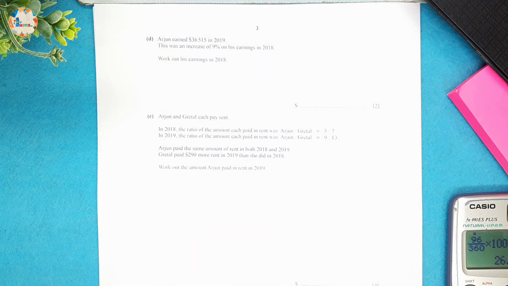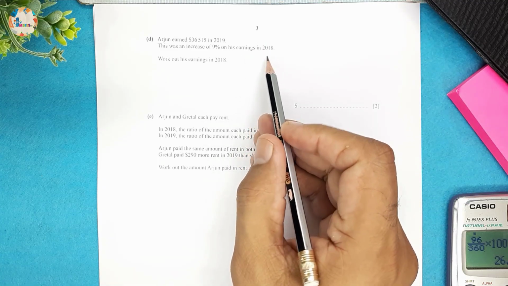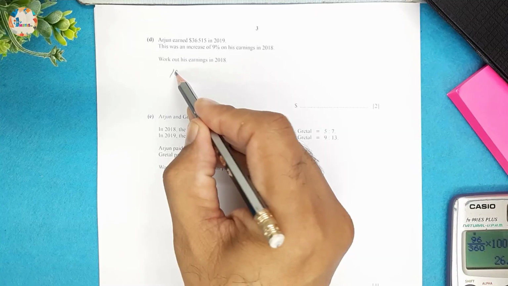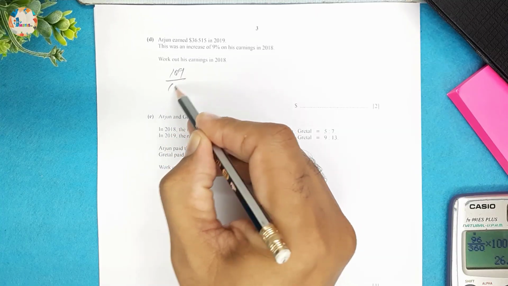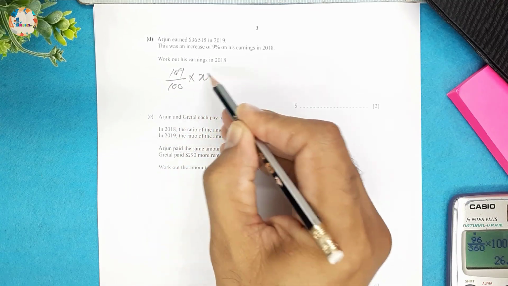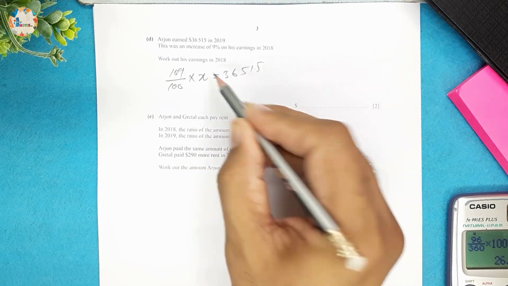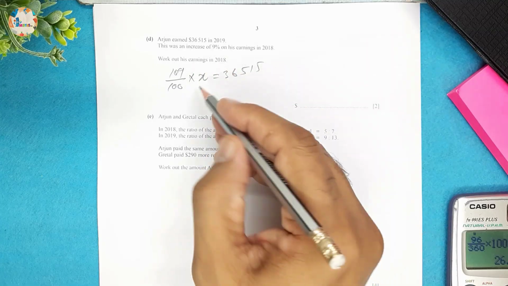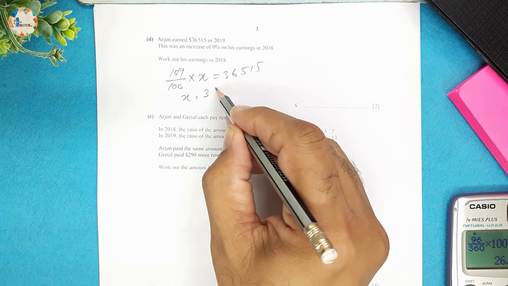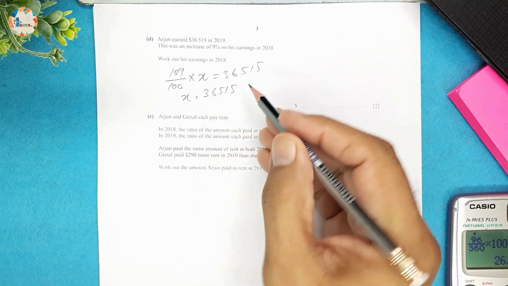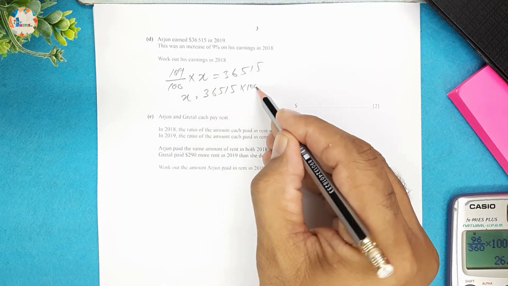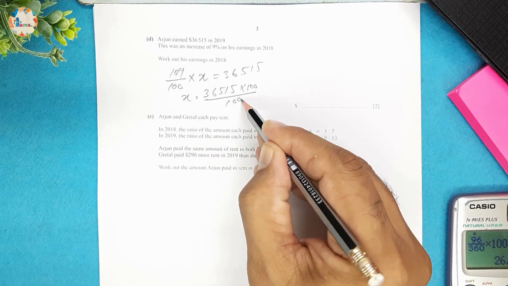Now they are saying in part D, Arjun earned $36,515 in 2019. This was an increase of 9% on his earnings in 2018. So 109% of X, which we don't know, is equal to 36515, and we have to find the earnings. So X will be 36515 multiplied by 100 and divided by 109.